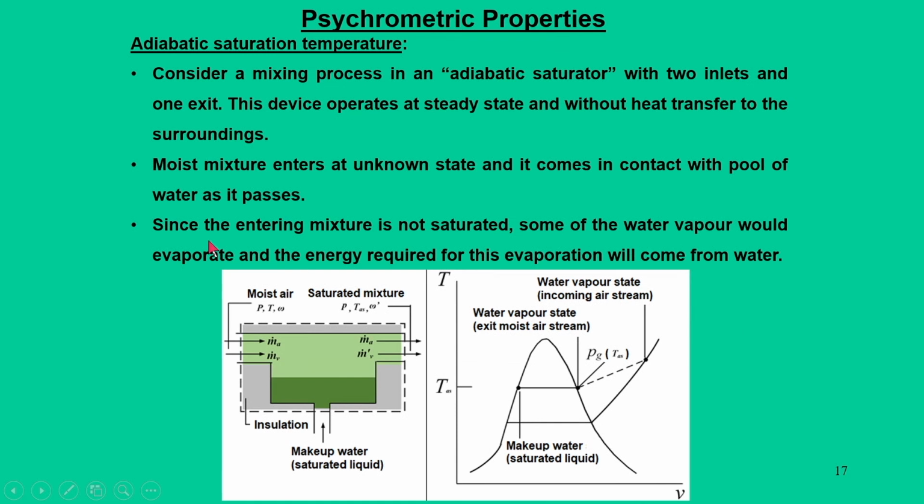Another approach in our psychrometric properties discussion is adiabatic saturation temperature. From the last segment of discussion, we said that if you have an initial state, and for that initial state you draw a vertical, it cuts this temperature T, and this temperature we call the mixture temperature.